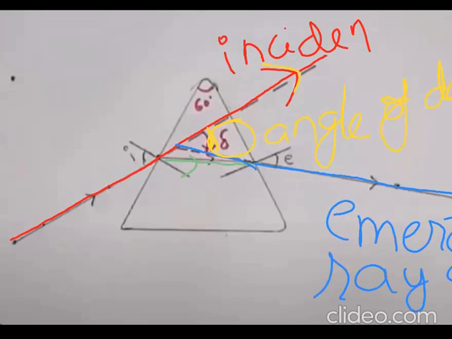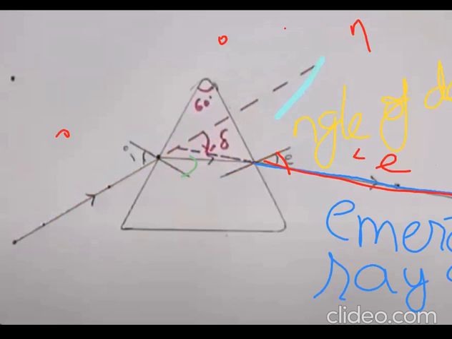ठीक है ना बेटा? और angles की बात करें, we know the angle between the normal and incident ray is angle of incidence, है ना? And the angle between the normal and the emergent ray is angle of emergent. And one more angle we are having in between, angle of refraction, hai na beta?